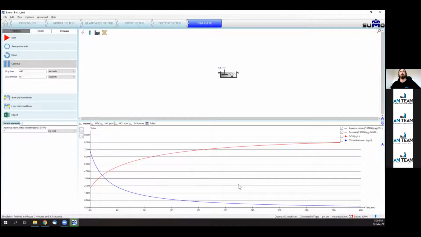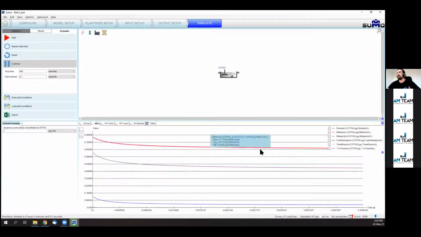You also improve a little bit more the scavenging of the radicals. On the other hand, you might lose some, but a very negligible part of the potential for micropollutants residual.